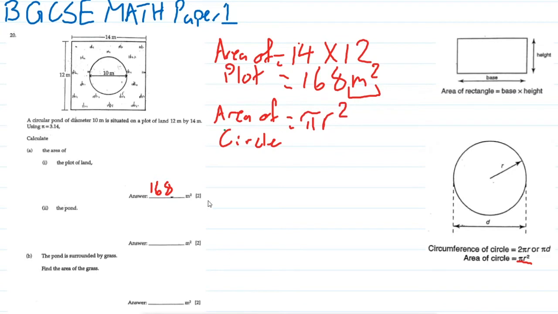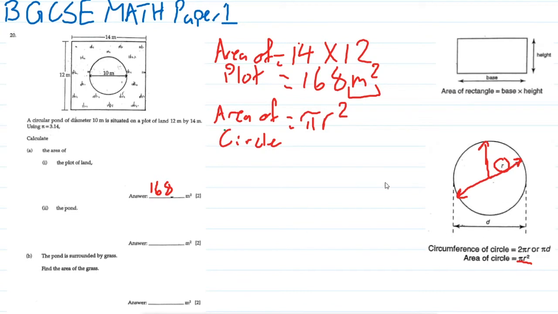So let's take it back for a second. Remember, our radius is always going to be half of our diameter. Essentially, the radius comes from the center and goes out to any point on the circle, whereas the diameter goes from one point on the circle to another point on the circle, but it passes right through the center. So that's the difference between the radius and the diameter.